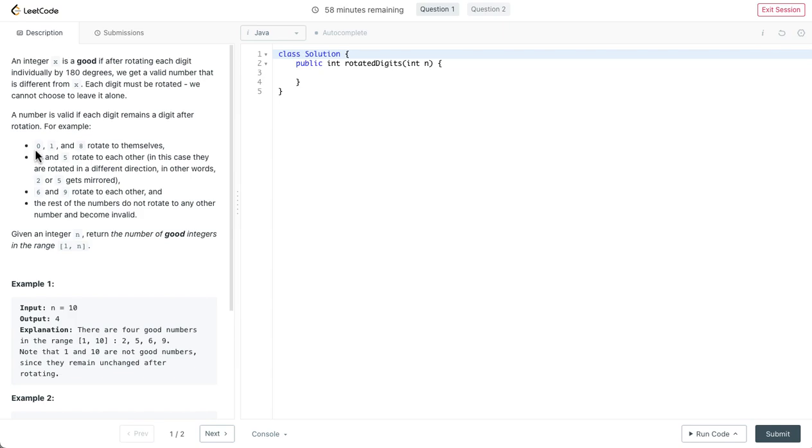Okay. 0, 1, 8 rotate to themselves. 2 and 5 rotate to each other.